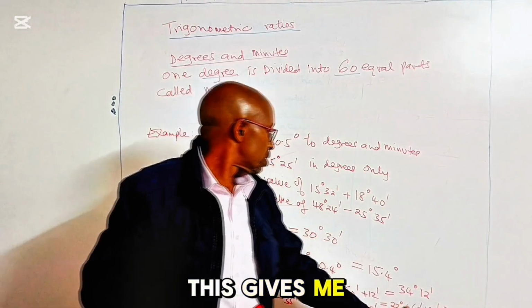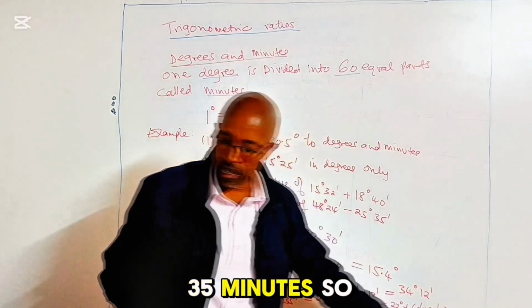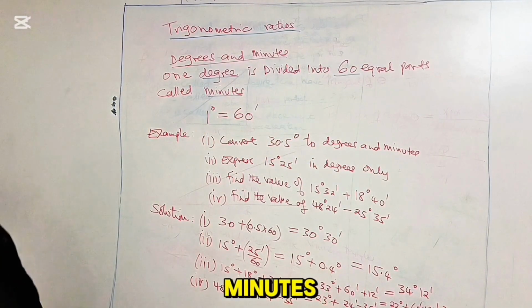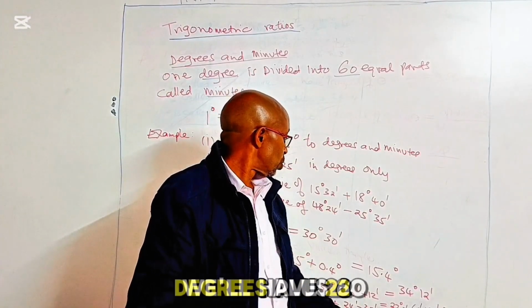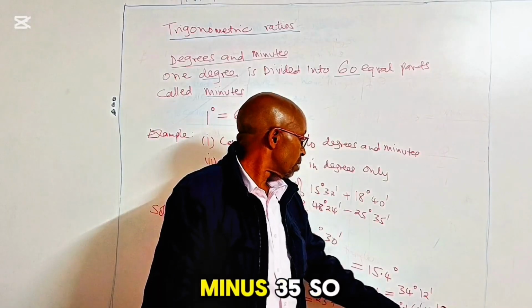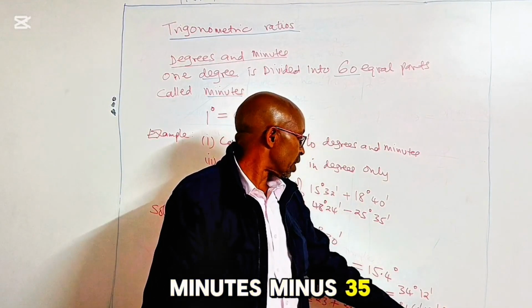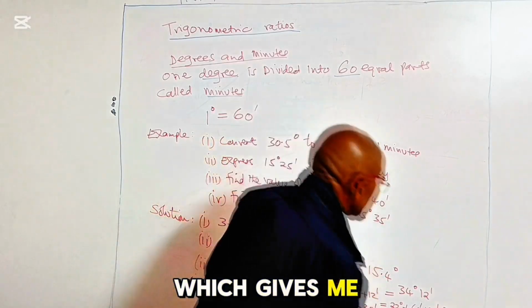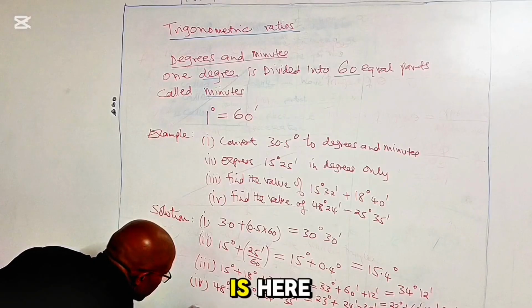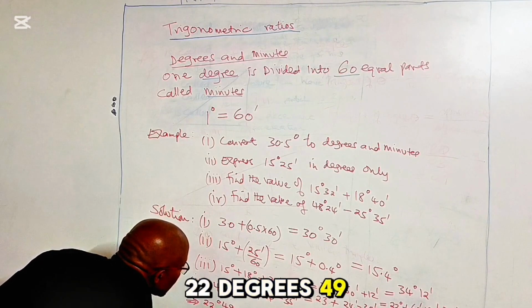This gives me 84 minutes, and 84 minutes minus 35 minutes gives me 49 minutes. Therefore, the answer is 22 degrees, 49 minutes.